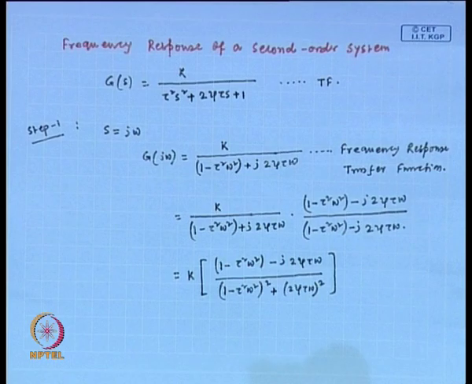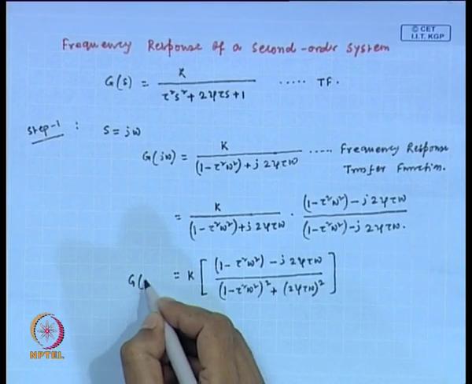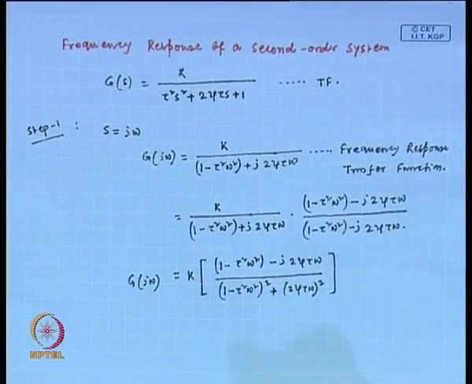So, substituting s equals j omega and rearranging, finally, we get this form of frequency response transfer function.